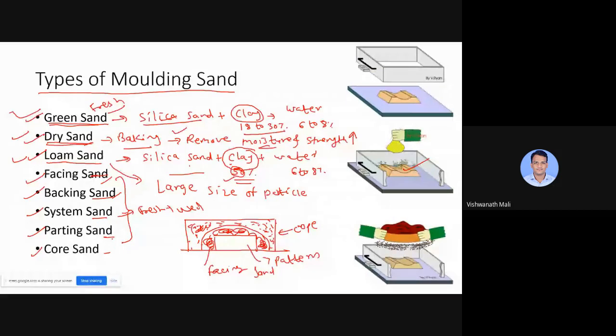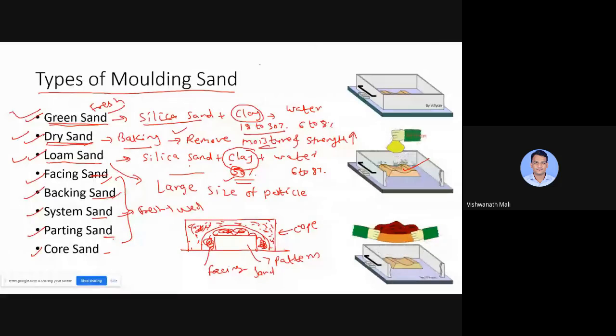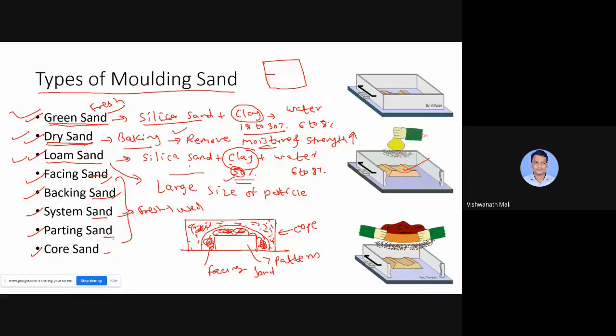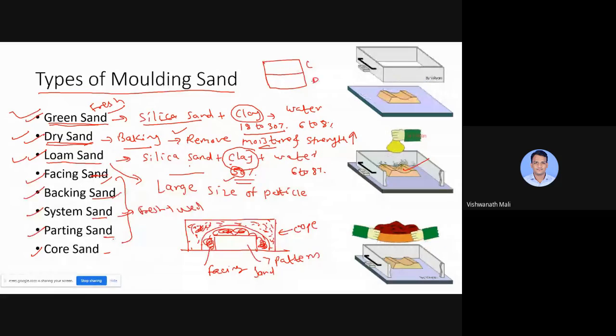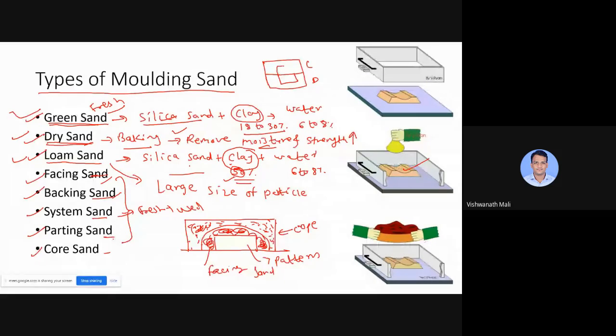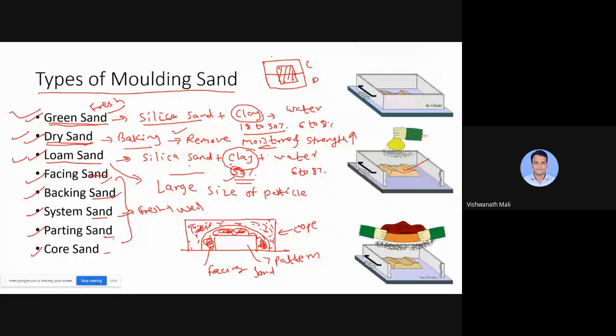Then parting sand. So what is parting sand? Here we have the cope and here we have the drag. First we prepare the drag with the help of the pattern, then we prepare the mold in the cope like this, right? Now we want to remove this pattern. So in order to remove it, we need to separate the cope and drag, right?